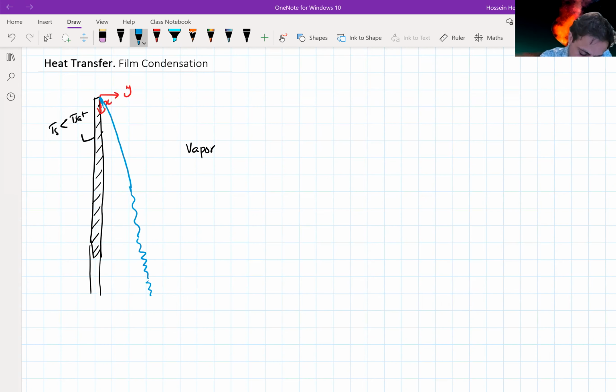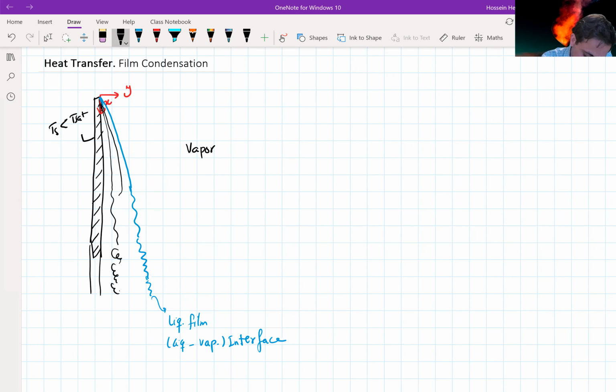I'm just going to call this the liquid or condensate film, or this is the liquid-vapor interface. If I look inside that, I can draw the streamlines here. Let's say this is one, and then it's getting wavy, and here we get to a turbulent regime.